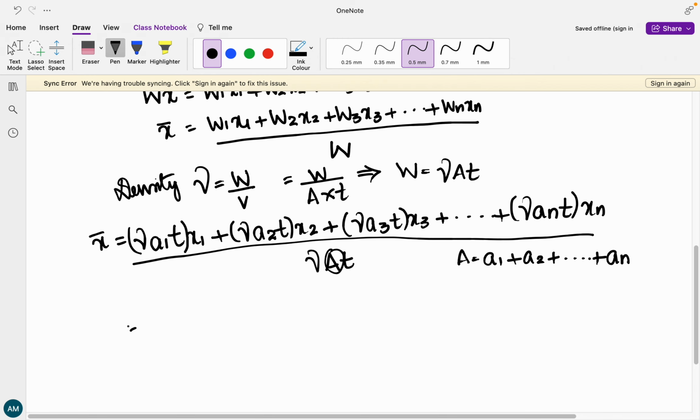Now I can write that x bar is equal to, here I can take out gamma and T, they cancel from the numerator. Similarly from the denominator, gamma and T I can take out.